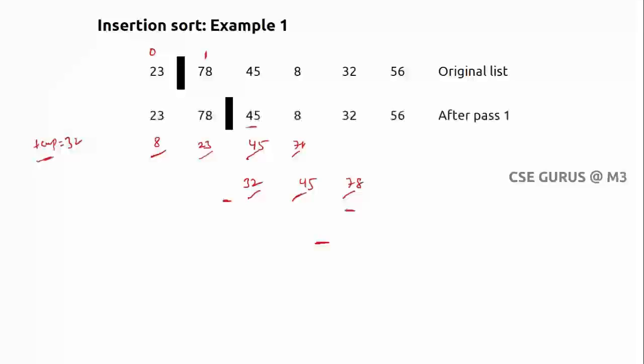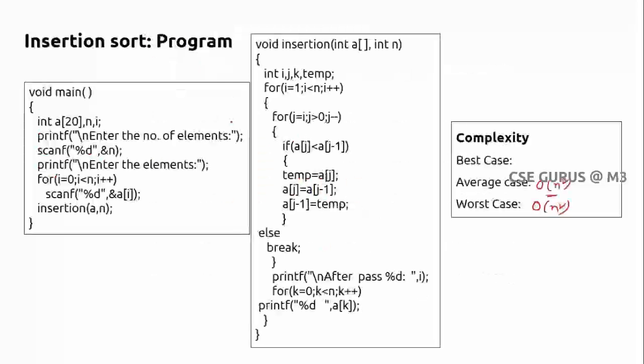We'll take that case, all in sorted order. Let us suppose I take the elements 10, 20, 30, 40, 50, 60. Now if I start from 20 and 10, is 20 less than 10? No. So directly break, which means this j loop will go one time only, right?